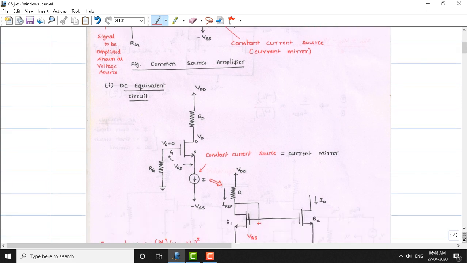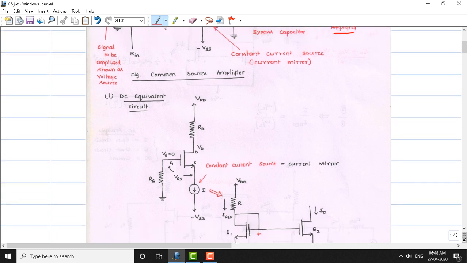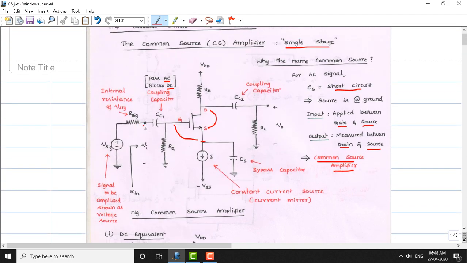Now to obtain the DC equivalent circuit, we are supposed to open circuit all the capacitors. Since a capacitor blocks the DC signal and passes the AC signal, we can remove the capacitors from this circuit. Wherever a capacitor is there, we can just ignore it or open it.